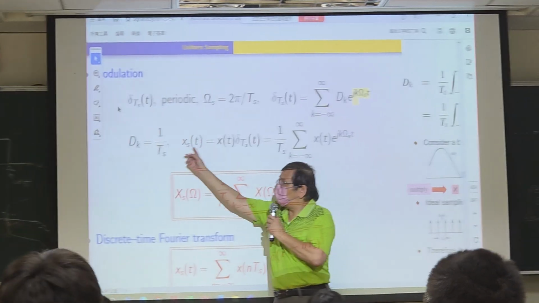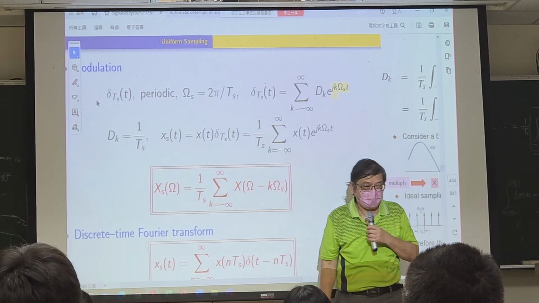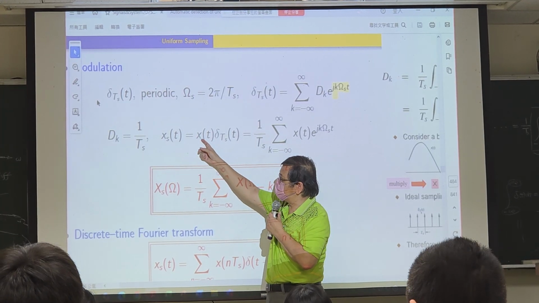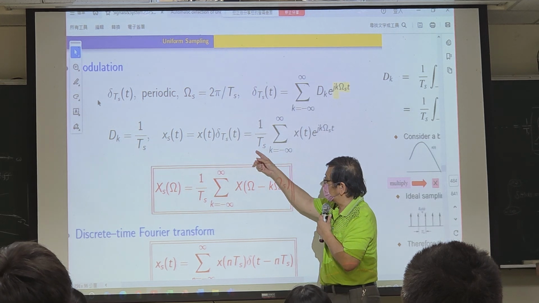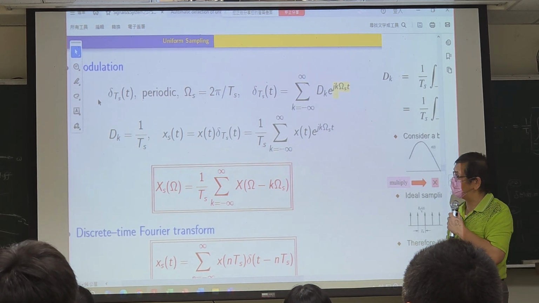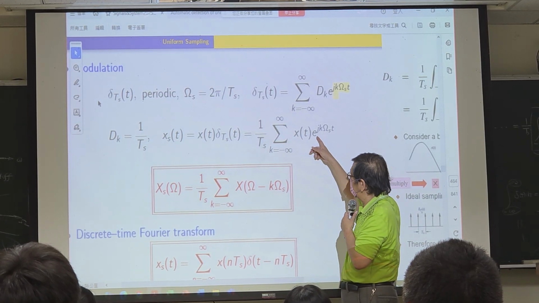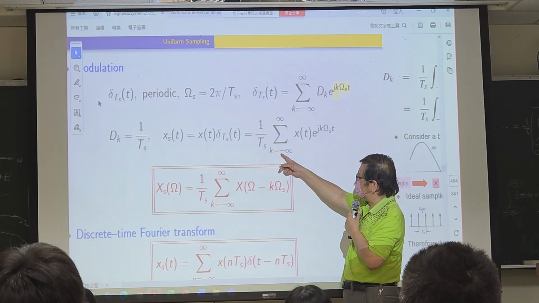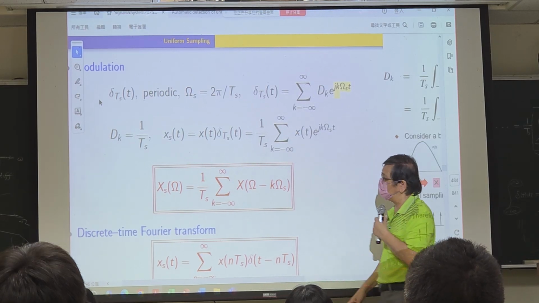The signal after the sample, x_s(t), is equal to the continuous signal x(t) times the impulse train. And this can also be represented by this Fourier series expansion: 1/Ts times the summation of x(t) times e to the j k omega_s t, from k equals negative infinity to positive infinity.